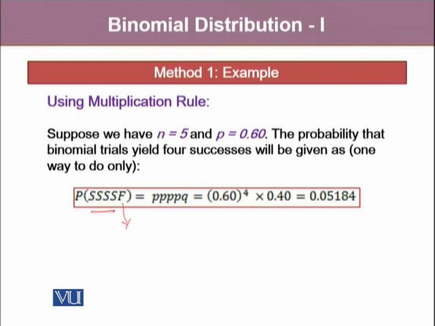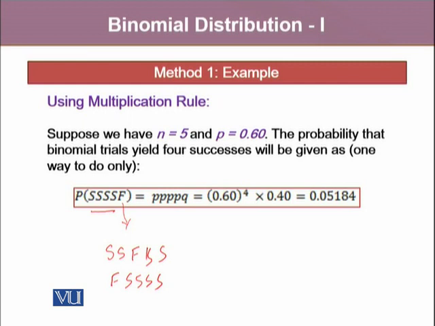We use a multiplication rule to find this probability, but keep in mind that that's only one way to do it, because there is also a possibility of getting a failure within and 4 other successes, or a failure in the beginning and 4 other successes, or so many other possibilities that could arise, because it only says to find the probability that the binomial trials yield 4 successes.